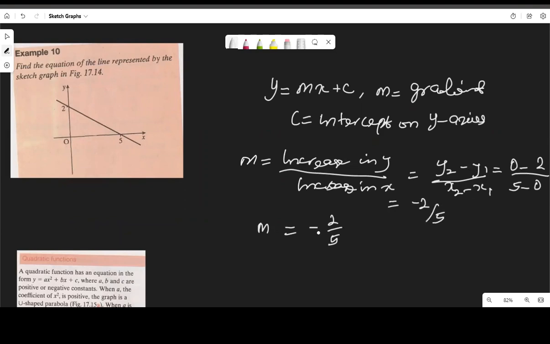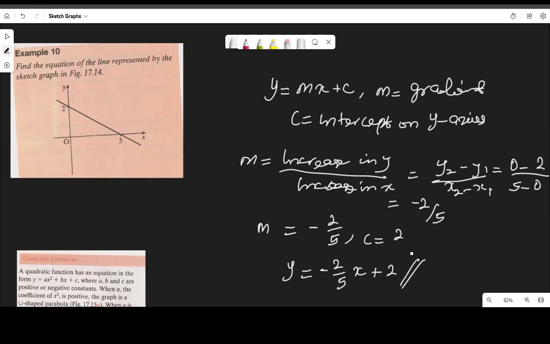The gradient is negative 2 over 5. Now, c is the intercept on the y-axis, and the intercept on the y-axis is 2. So c is equal to 2. Therefore, the equation of the line, we just put in the values here, is y = minus 2 over 5 x plus 2. This is the equation of this line.